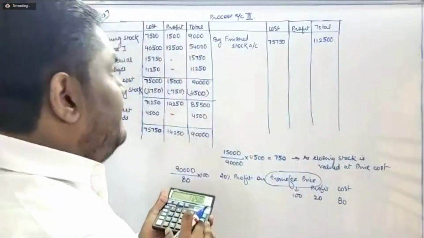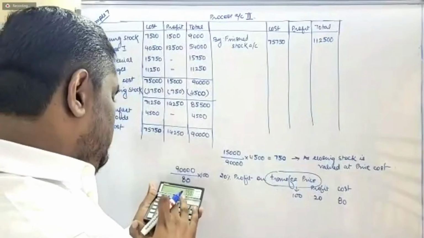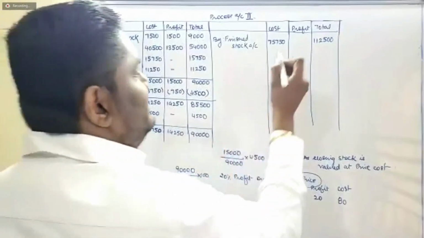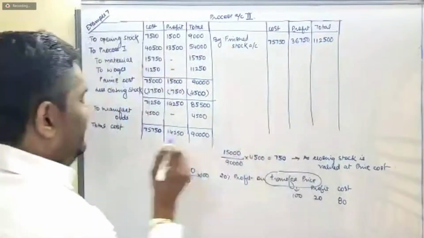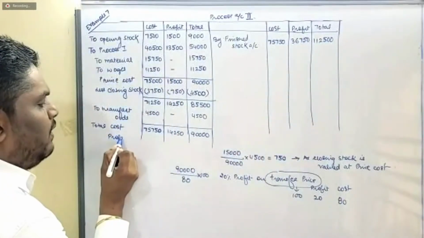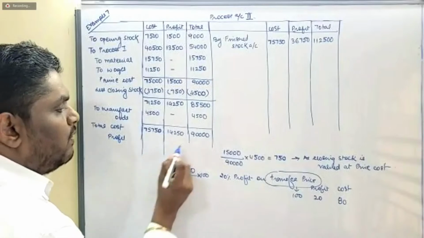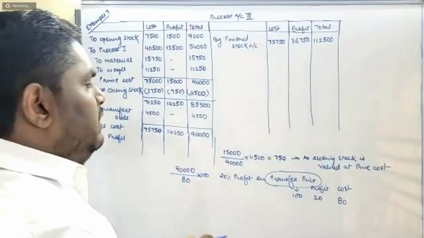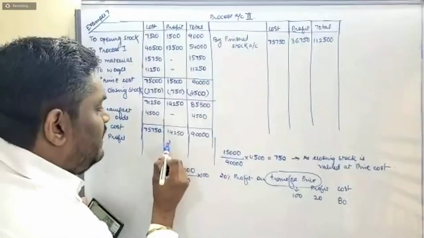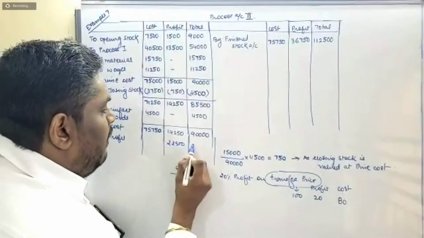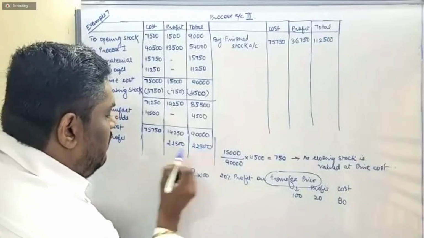So I'll get my total profit till date, that is 36,750. And my profit of this process will be 36,750 minus 14,250, that is 22,500.